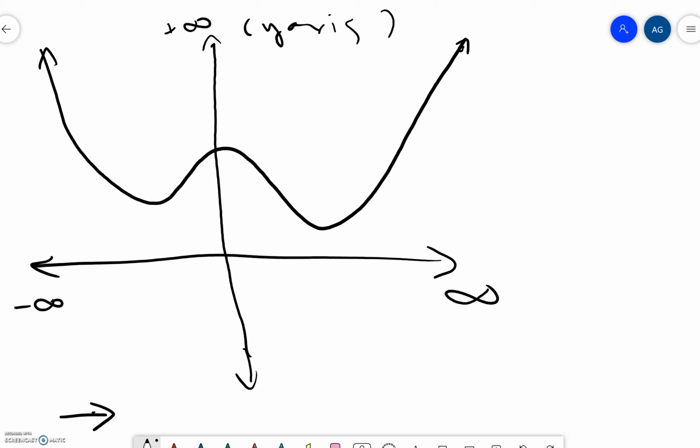So you've got to remember we've got an x-axis and a y-axis, and sometimes people get confused about that.